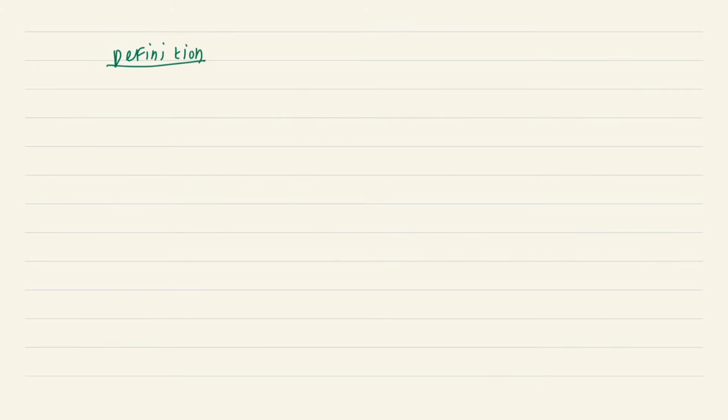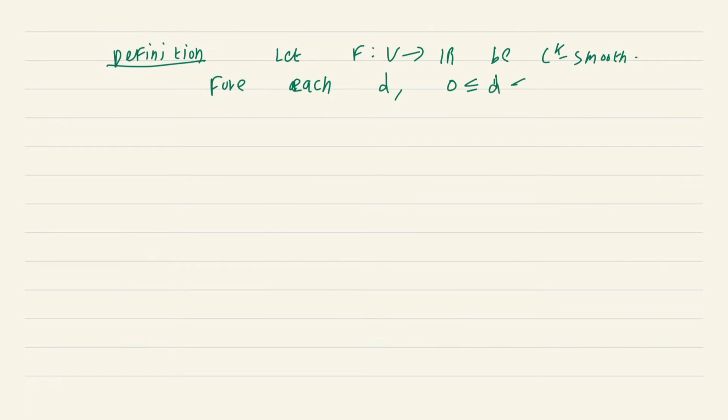The definition of the Taylor polynomial. Let f from U to R be C^k smooth, and let a be in U and 0 ≤ d ≤ k.